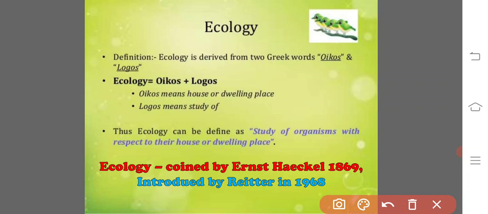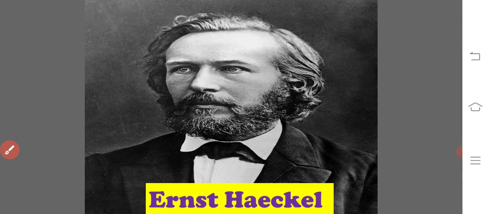That is, ecology can be defined more specifically as the study of the interactions between organisms and the non living components of their environment. Now, if we see the image of Ernest Haeckel, he was the one who coined the term ecology for the first time.